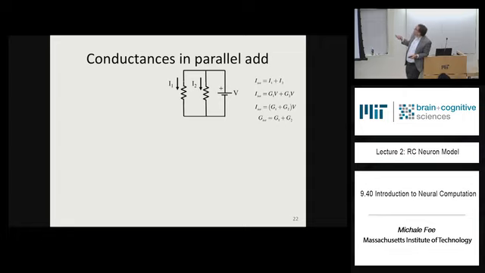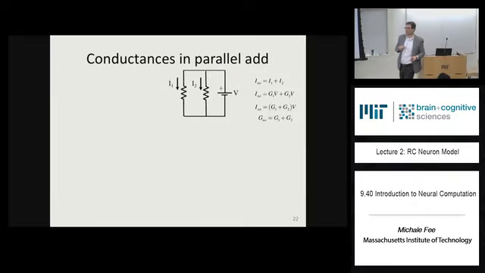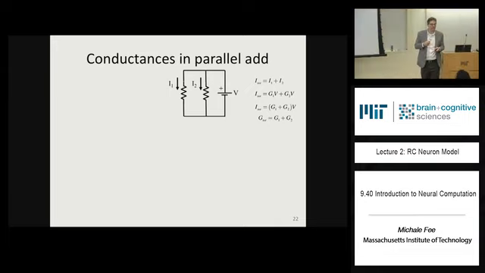So the total current is G1 times the voltage difference plus G2 times the voltage difference. You factor out the V, so the total current is G1 plus G2 times V, and the total conductance is just G1 plus G2. Does that make sense? So conductances in parallel add together.